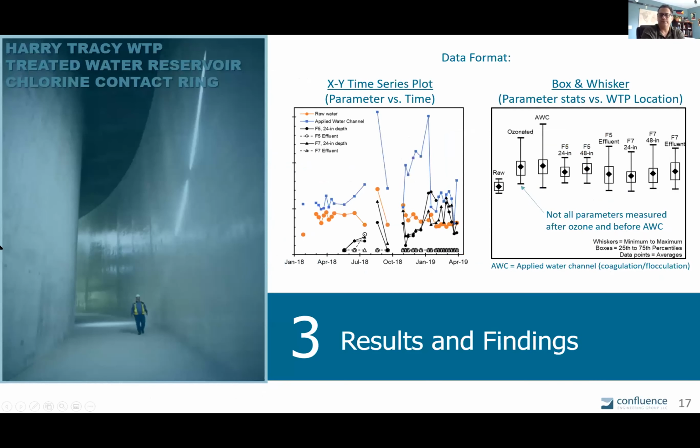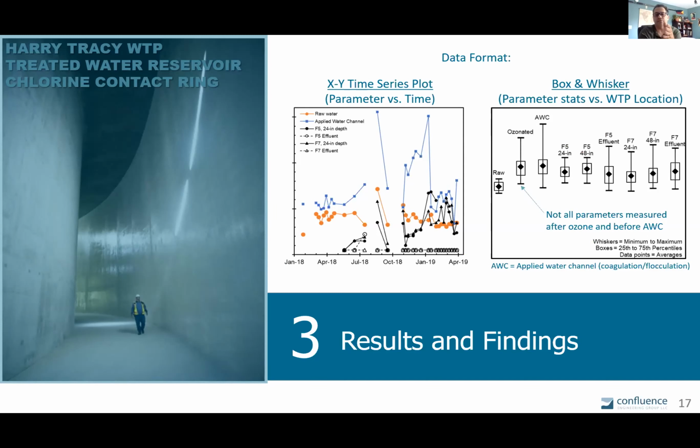As we move forward, we're going to talk about some results and findings. Just to let you know, there are two formats of data: scatter plots on the left, and box and whisker statistics on the right. The scatter plots show data over time from left to right across the program at different locations, and the statistics on the right show the statistical breakdown of the data for whatever parameter we're looking at at the different locations.